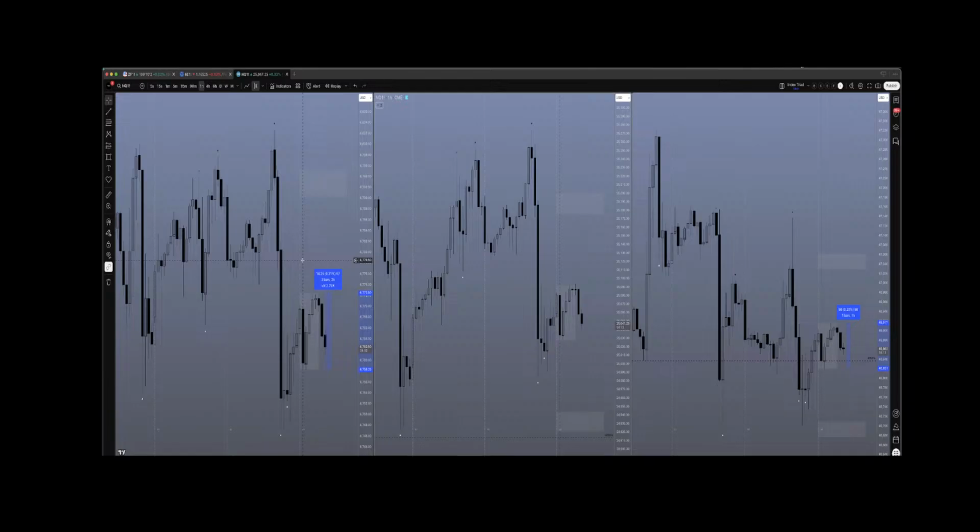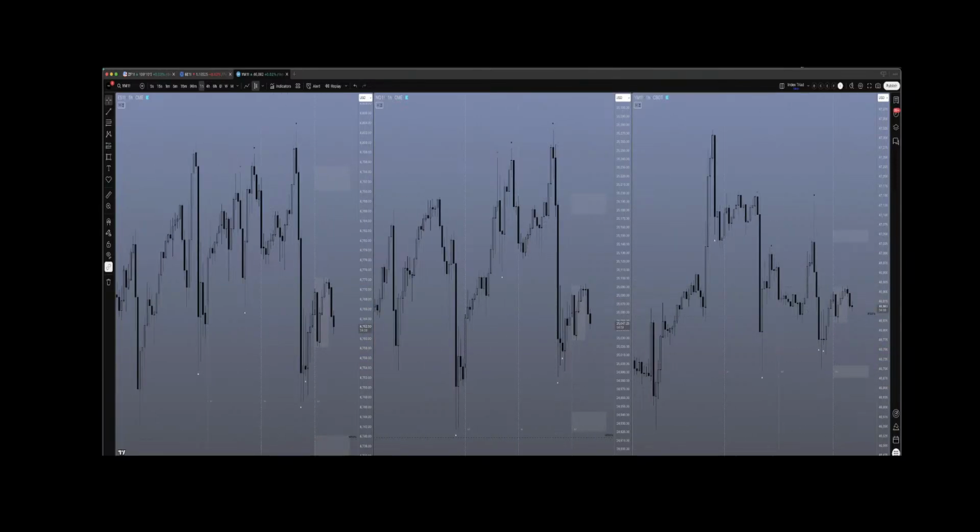So with a sweep above Asia like that, oh look at this as well, we've got these built up liquidity here. This is definitely going to be taken at some stage.